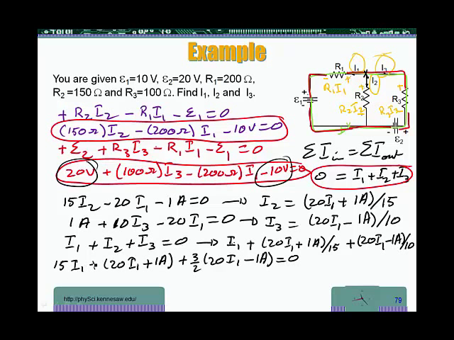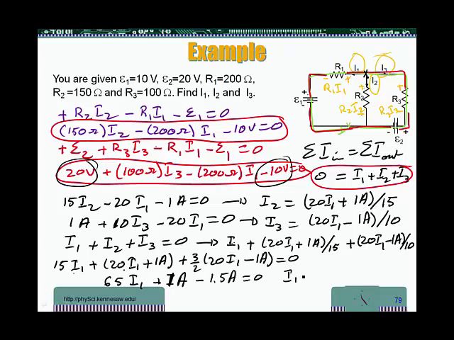So I have 15 I1, 20 I1, and then I have 3 times 20, which is 60, over 2, so 30. So I have 15 plus 20 plus 30. So 65 I1, let me make sure I'm right, 15 plus 20 plus 30. That's 65 I1. And we have plus the 1 amp here, and then plus minus 1.5 amps, 3/2, equal to 0.